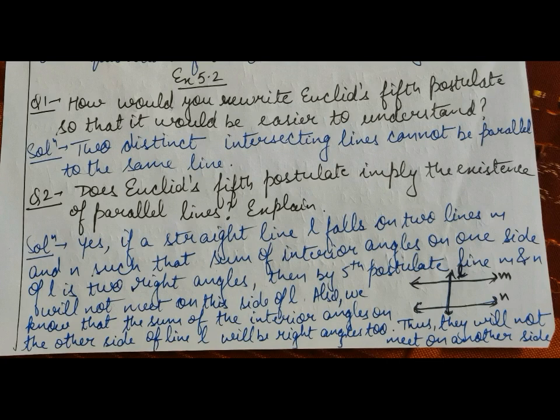Yes, if a straight line L falls on two lines M and N such that the sum of interior angles on one side of L is two right angles, then by the fifth postulate lines M and N will not meet on this side of L. Also, we know that the sum of the interior angles on the other side of line L will be two right angles too. Thus, we can say that they will not meet on the other side also. You can see the figure of this question.